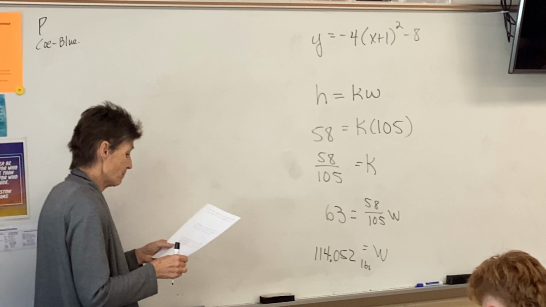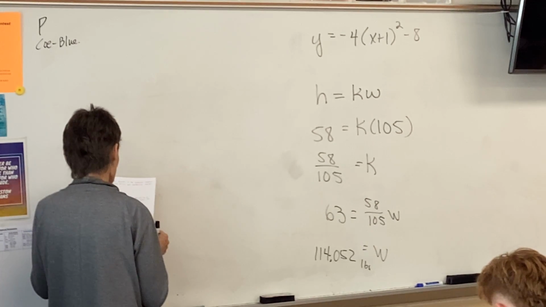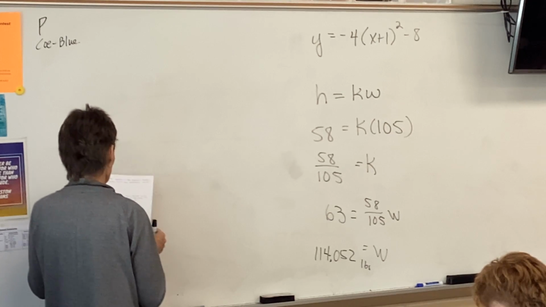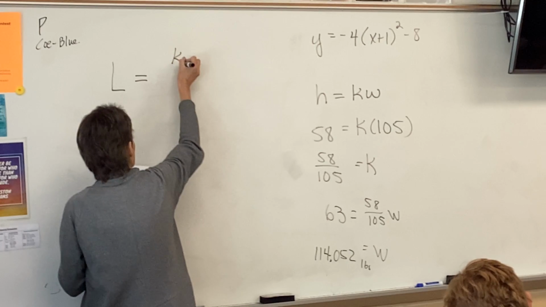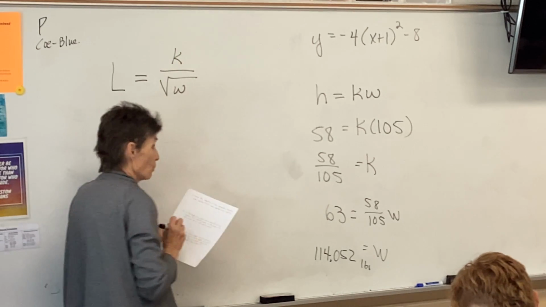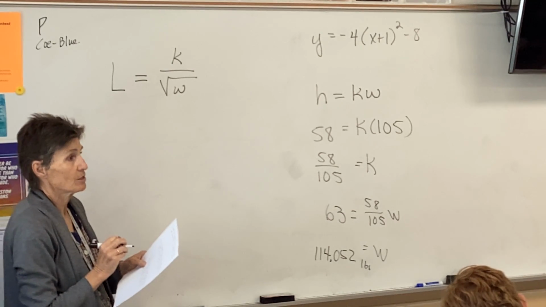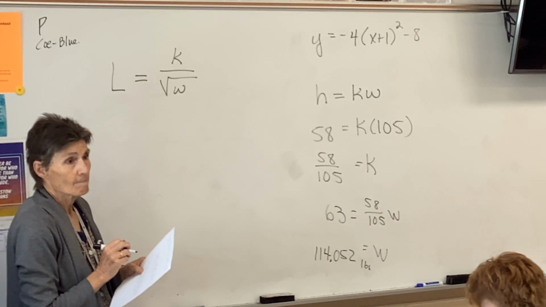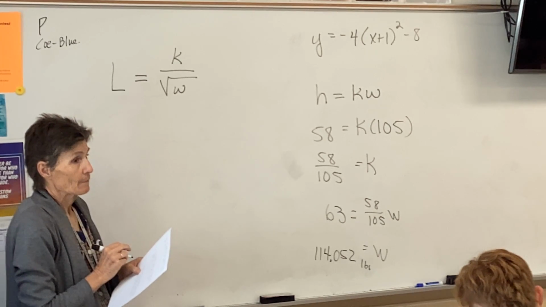And then finally B. The length of a widget varies inversely as the square root of its width. So look at that, make sure that makes sense to you. Remember inversely, K over.